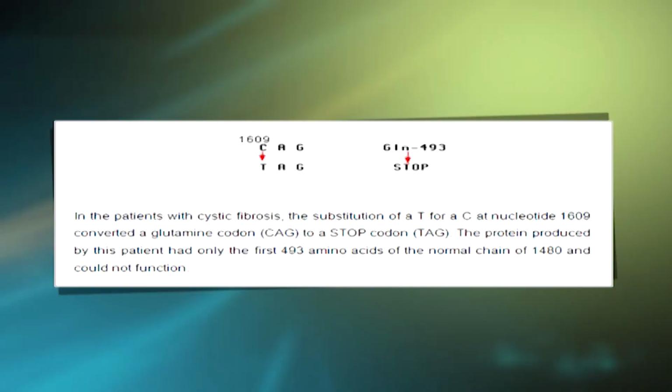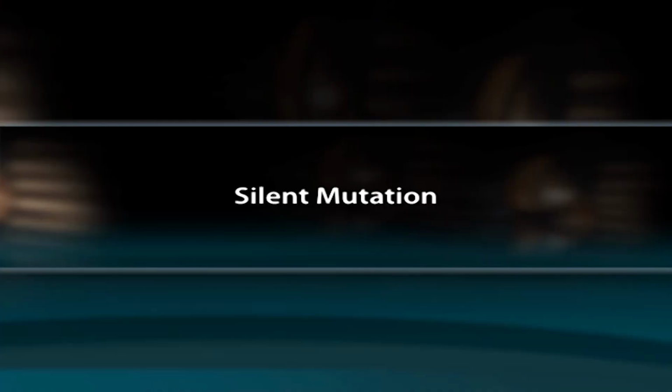In this patient with cystic fibrosis, the substitution of a T for a C at nucleotide 1609 converted a glutamine codon, that is CAG, to a stop codon TAG. The protein produced by this patient had only the first 493 amino acids of the normal chain of 1480 and could not function.